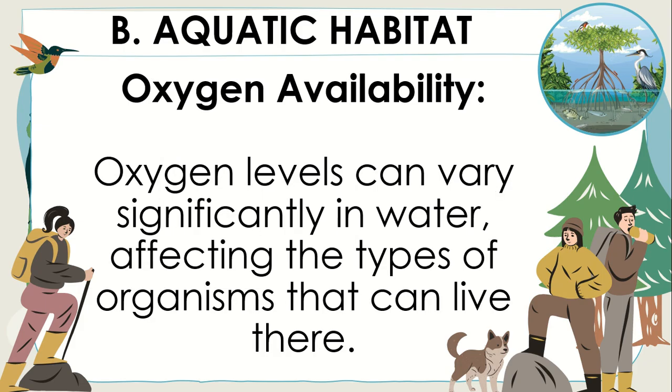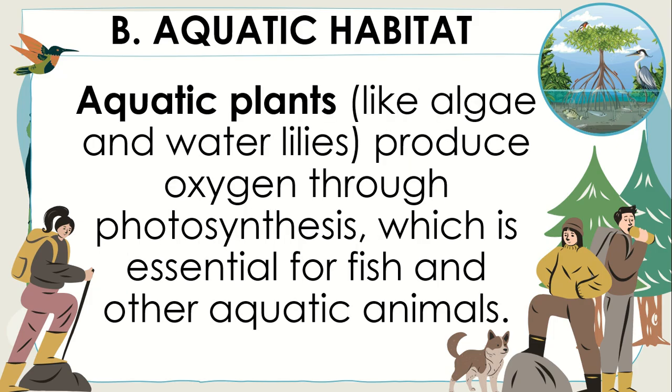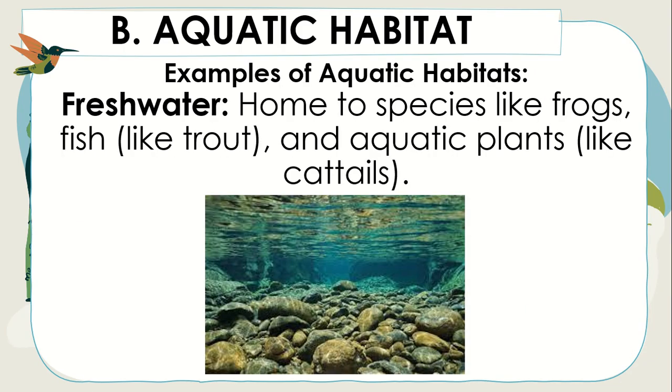Oxygen availability. Oxygen levels can vary significantly in water, affecting the types of organisms that can live there. Aquatic plants, like algae and water lilies, produce oxygen through photosynthesis, which is essential for fish and other aquatic animals. Examples of aquatic habitats. We have fresh water.